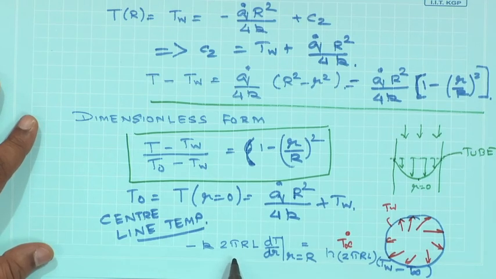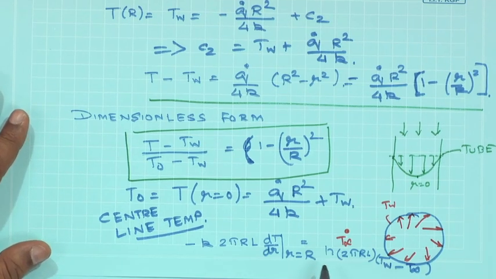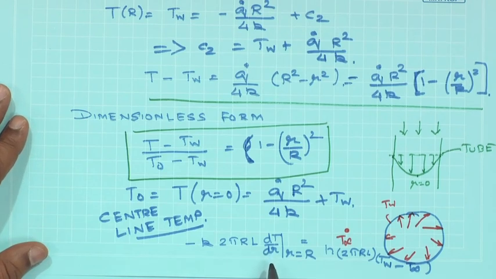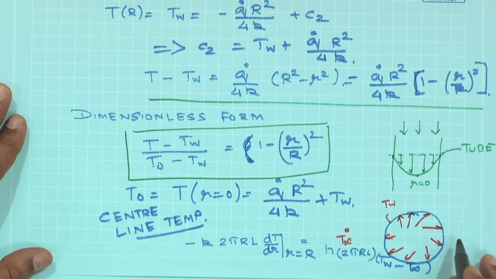This is the way through which one can obtain the unknown Tw in terms of the known T infinity. Exactly the same way that we have done for the plane wall, the unknown temperature of the wire surface can be replaced by the known temperature of the fluid surrounding it.